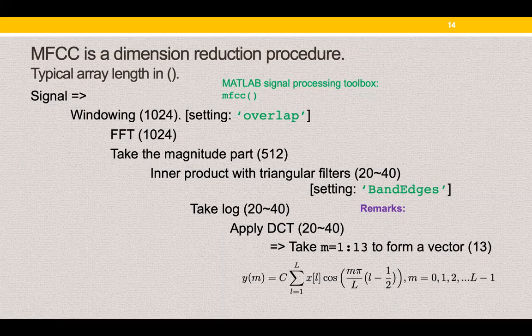Certainly, I think MFCC is a very nicely engineered way of representing the speech signal. Each intermediate step has a reason. For example, taking log has a reason. It has something to do with our perception of loudness.